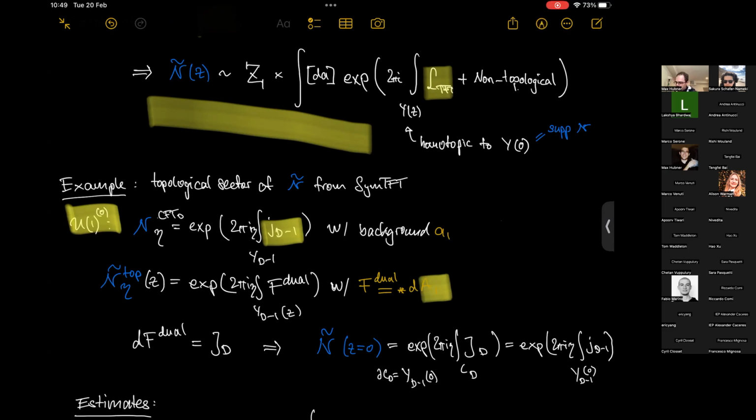I can build the F dual. This is just star dA1, and this is going to describe the topological sector of my n tilde. And by these equations of motion, I can argue, this is just some Stokes, that in the limit I'm reproducing the correct symmetry operator. So for just analyzing the topological sector, this is no surprise. The symmetry TFT and the data of the CFT is completely sufficient.